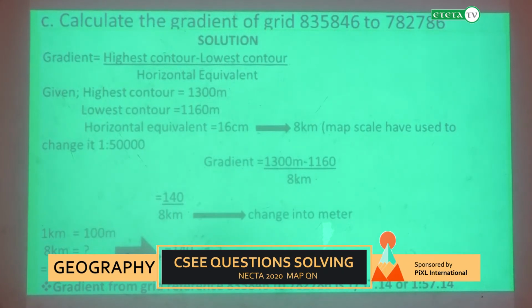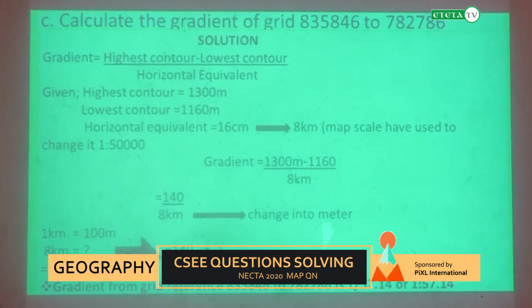Now if you cross there, you get 8,000 meters. Now it will be 140, which are meters now, over 8,000, which are also meters. So in order to get the gradient, you must take 140 over 140. You divide by the number itself here, 140 divided by 140, because you must get 1 on top.